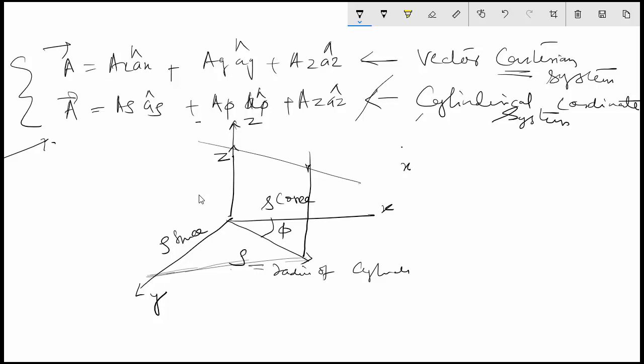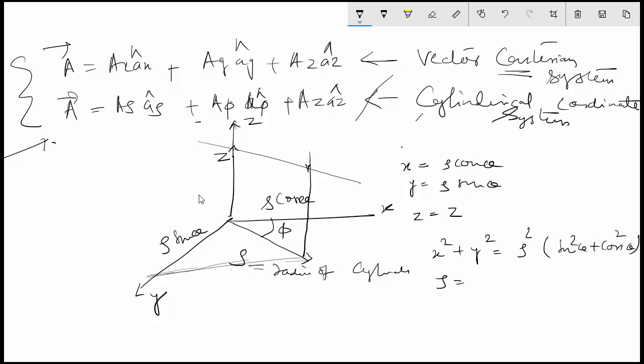So it's possible to say that your x will be equal to rho cos phi, your y will be equal to rho sine phi, and your z is equal to z itself. And when you take x square plus y square, it will be equal to rho square into sine square phi plus cos square phi, which is equal to 1. So your rho is equal to under root x square plus y square.